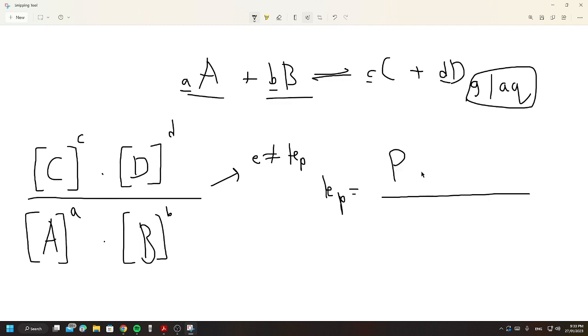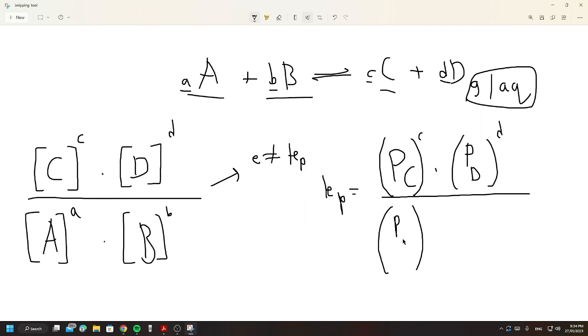So you do the pressure of chemical C to the power of the coefficient, obviously, times the pressure of chemical D to the power of the coefficient, over the reactants, so the pressure of chemical A to the power of the coefficient times the pressure of B to the power of the coefficient. Okay, so this is just to get a general understanding of this, right?